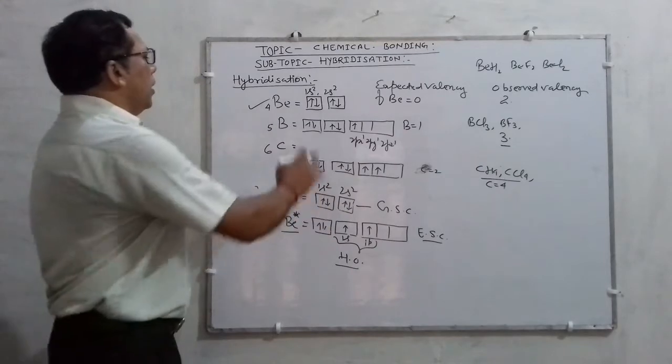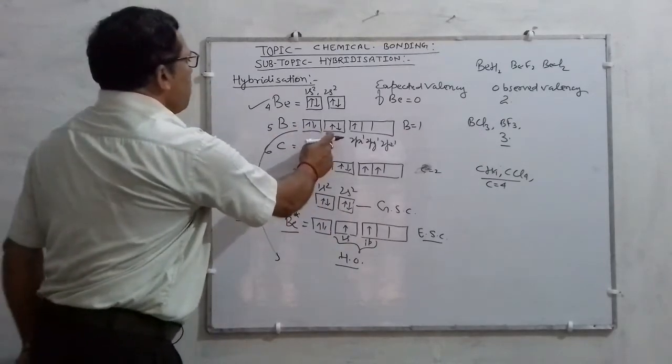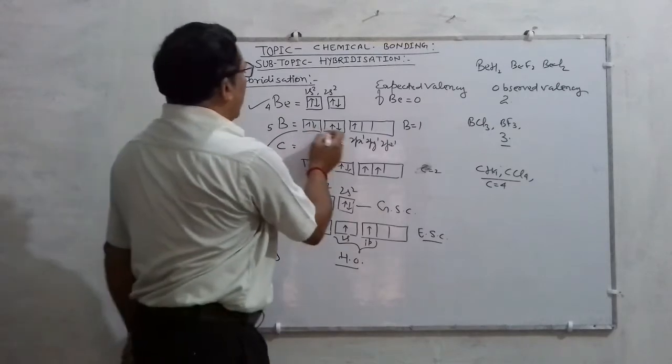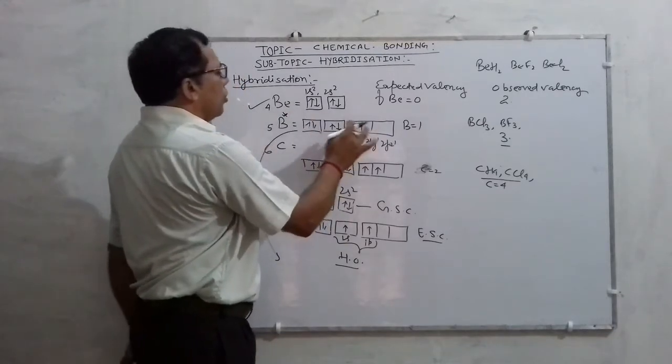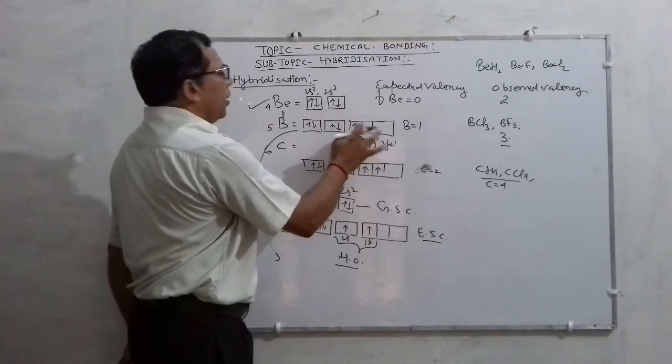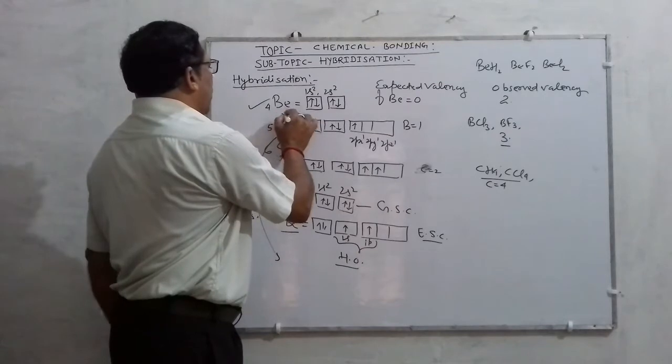A similar case occurs in boron also. Here is boron. So 5 electrons are shown here. When it gets extra energy, the configuration written here is called the ground state. But in excited state, what will happen?